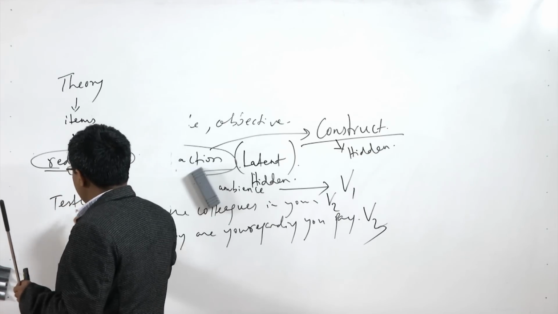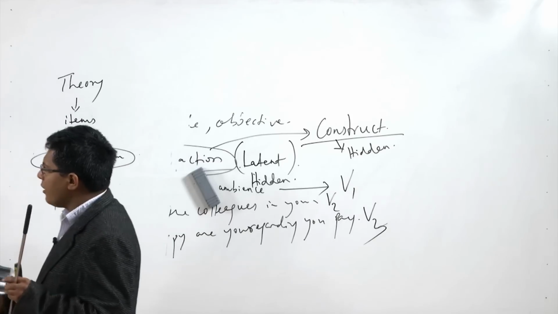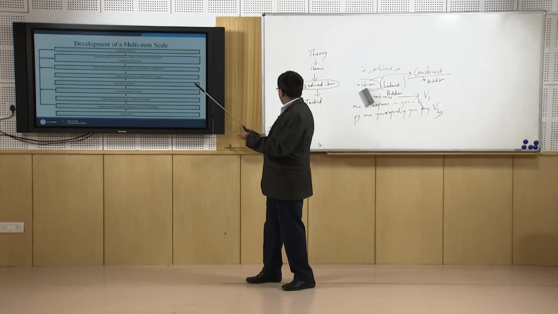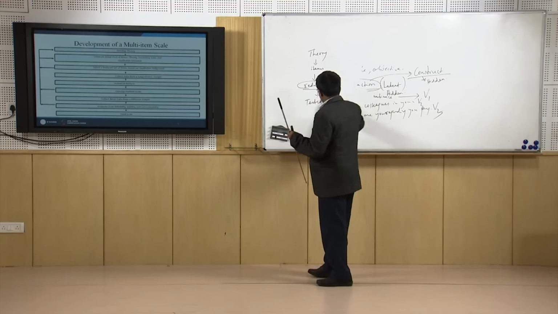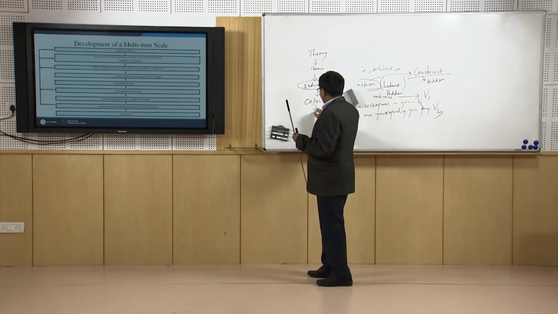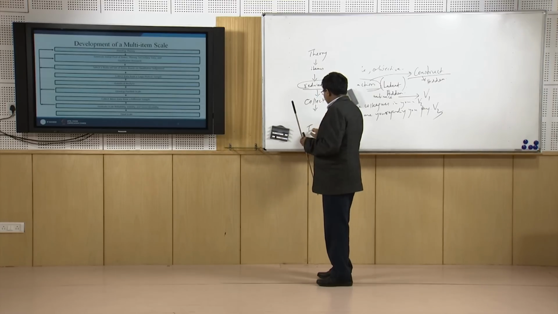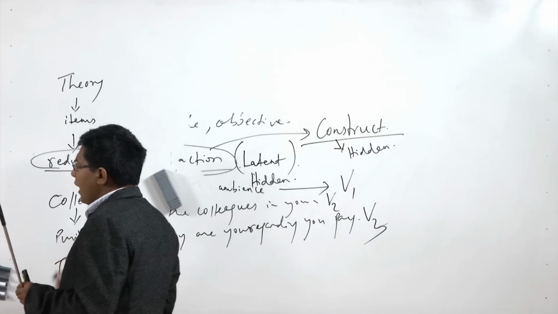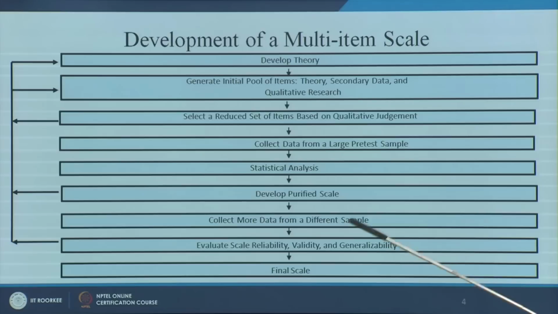Not testing, sorry, collecting: first you collect the data, and after collecting the data, then you test. There is something in between, which I have also said earlier: you purify the data, and then do it. Once it is done, finally you check for the reliability and validity, two terms which are very important. Okay.